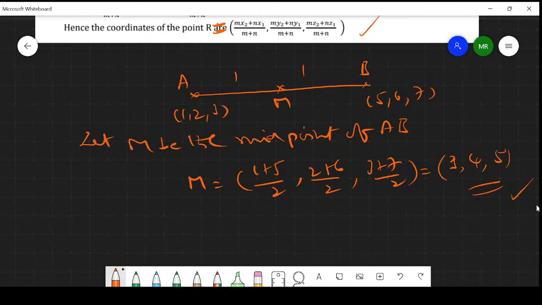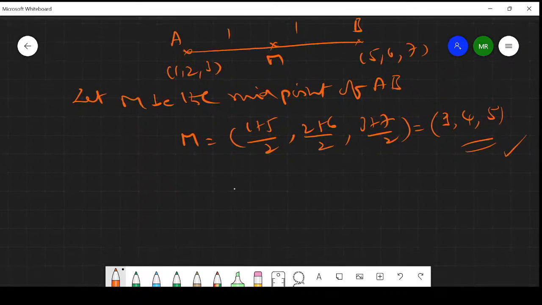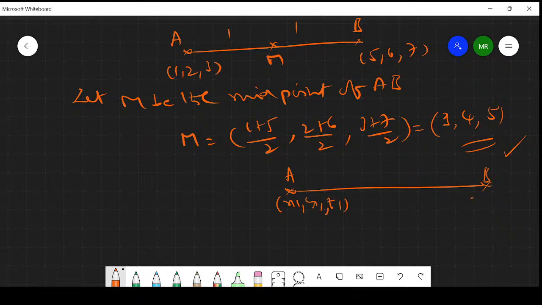That means what I use in the formula here is m replaced with 1, n with 1. I will tell you the midpoint formula now. What is the midpoint formula? Always remember the midpoint. Suppose they are given A(x1, y1, z1) and B(x2, y2, z2).